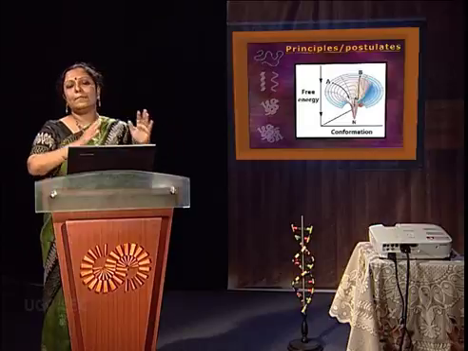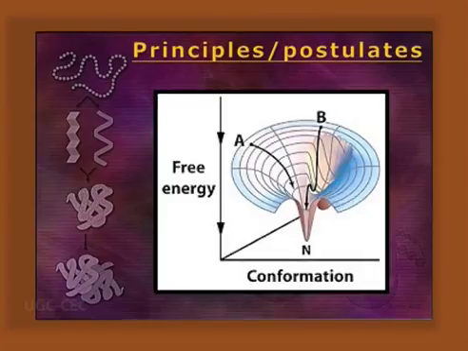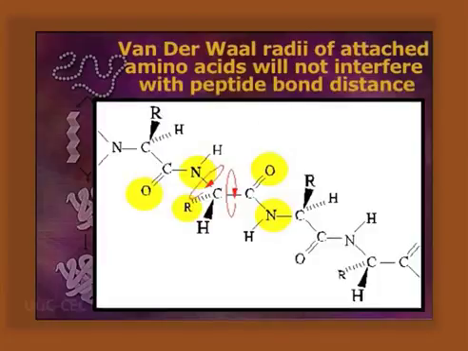Now there were some postulates or principles derived by Pauling by which the peptide bond structure was proposed. What were those postulates? He postulated that some of the bond lengths and bond angles were distorted. Number two, non-bonded atomic distance will not cross the van der Waals radii of the atoms itself.